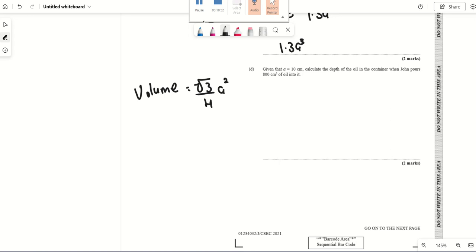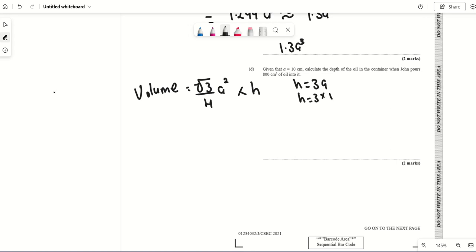We're not using what they told you was 0.433. We're using the actual value. So root 3 over 4 a squared multiplied by your height. They told you that a is equal to 10. We know that your height is equal to 3a, so height is equal to 3 multiplied by 10. So your height is equal to 30, and a squared is going to be 10 multiplied by 10, or 10 squared, which is 100.